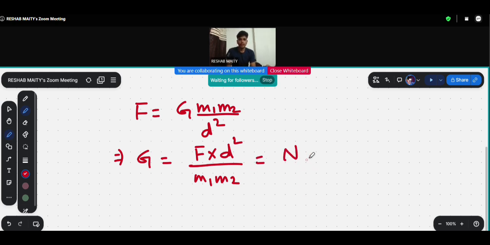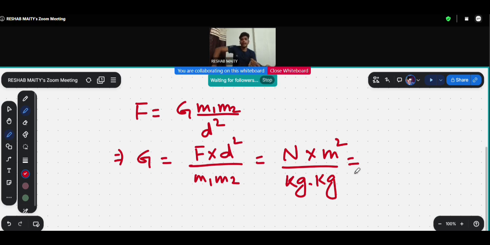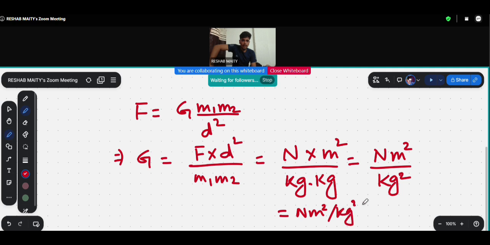N, Newton, is the unit of force, d square means meter square, and kg into kg will be M1 M2. We are taking all units in SI, so it is Newton meter square per kg square.